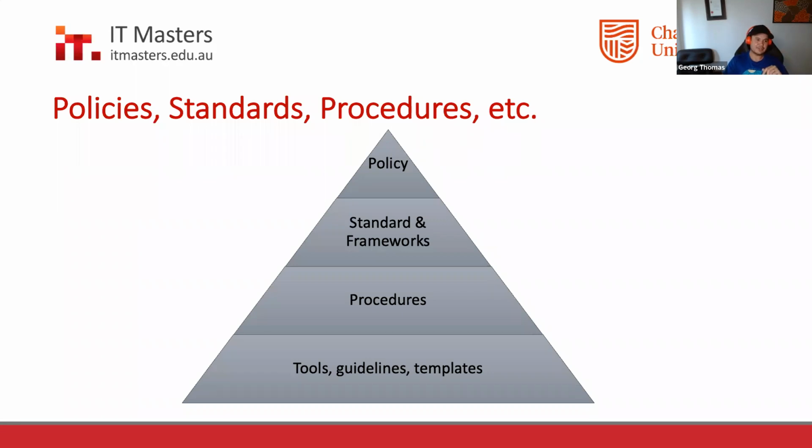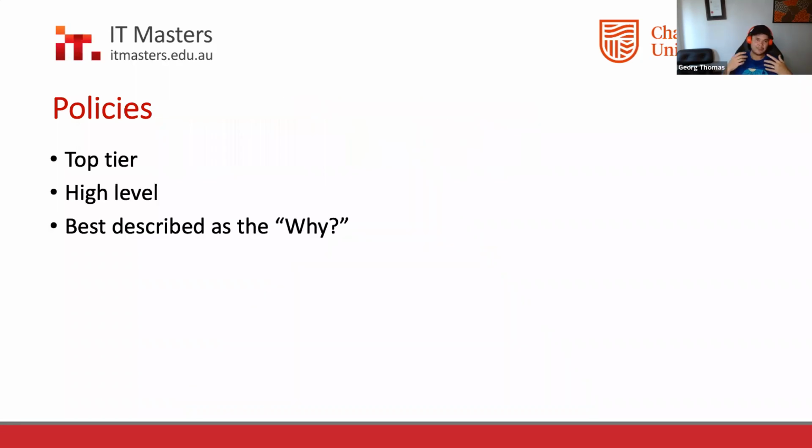When we look at policies, these are the top tier, they're very high level, and they're best described as the why. Some of you have written policies before, and I'm most certain you've read them. What makes a good policy is that it's high level and it explains why something is needed.